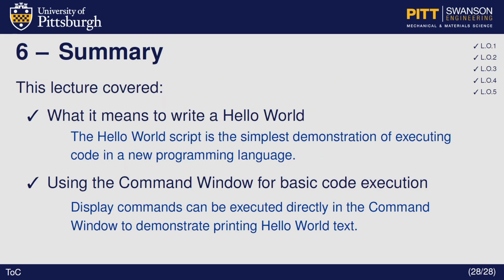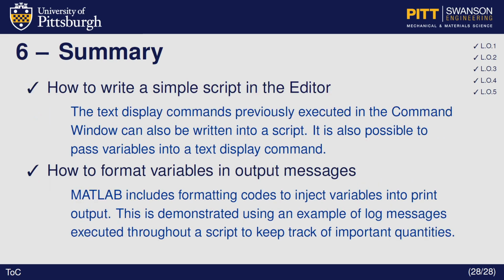Now in summary, this lecture covered what a hello world is, which is the simplest demonstration of executing code in a new programming language. The command window can be used to execute commands directly and to demonstrate printing basic hello world text. Those text commands from the command window are then written in a script, which also uses a variable as its argument to avoid writing the same text twice.